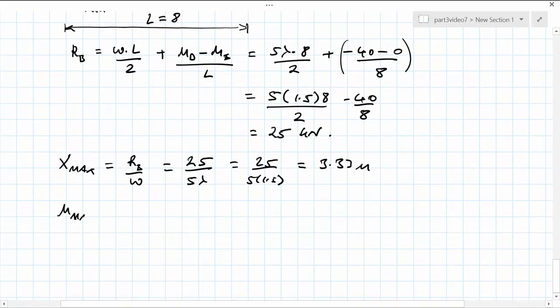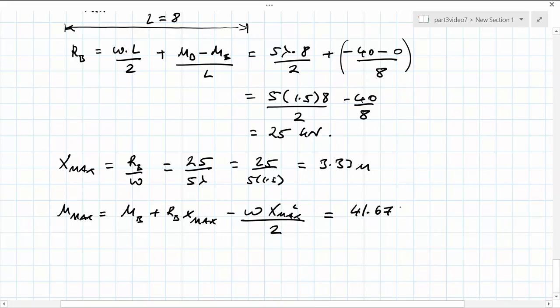M max is then equal to MB plus RB times X max minus W times X max squared over 2, and that gives 41.67 kilonewton meters, which is greater than MP, which is equal to 40 kilonewton meters.